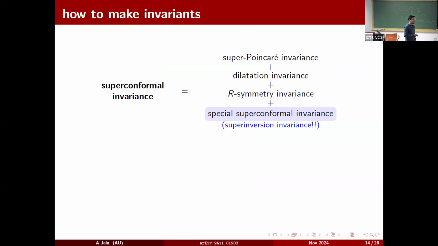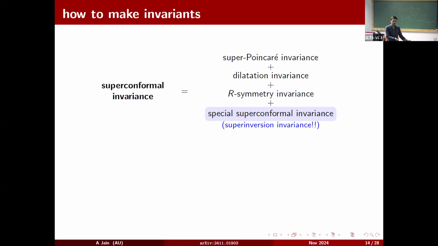So now I need to make superconformal invariants using them. How do we do that? Again, superconformal invariants can be written as super Poincare invariants plus scale invariants plus R symmetry invariants, which is new now, and special superconformal invariants. Now, special superconformal invariants are, of course, hard to implement, and what we do is we use superinversion. It's the same as the conformal case, just as special conformal transformation can be written as inversion, translation, inversion.